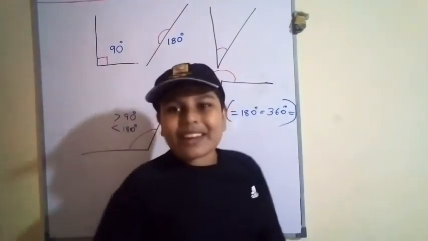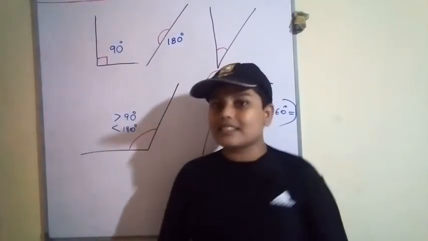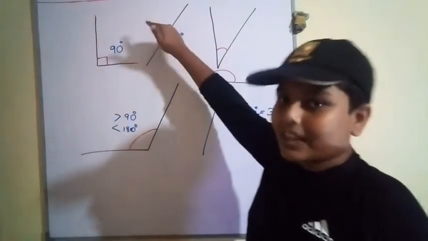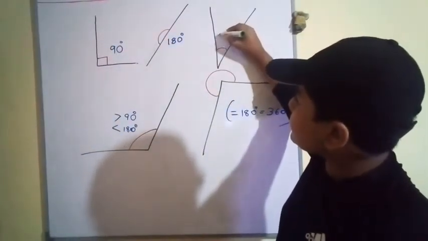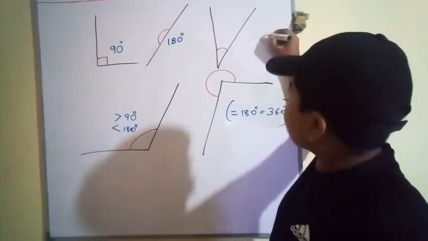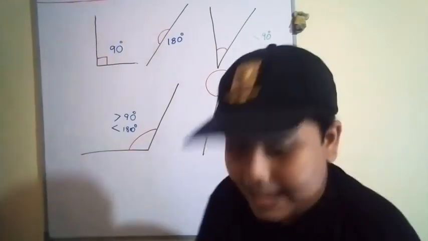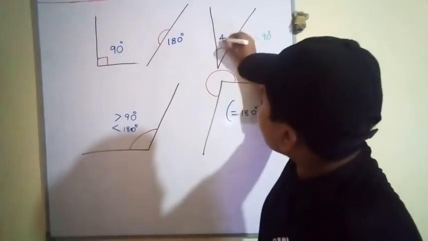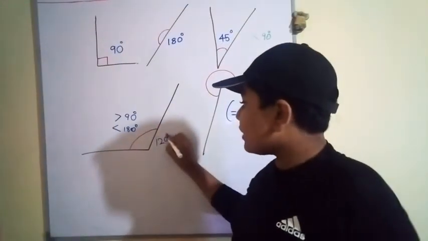Now, you can estimate the degrees. This is 90 degrees, this is 180 degrees. I can estimate this one, which is less than 90 degrees, as 45 degrees. This I can estimate as 120 degrees.